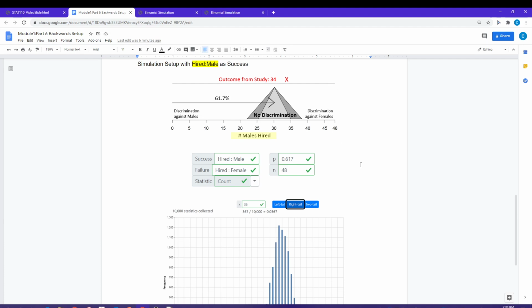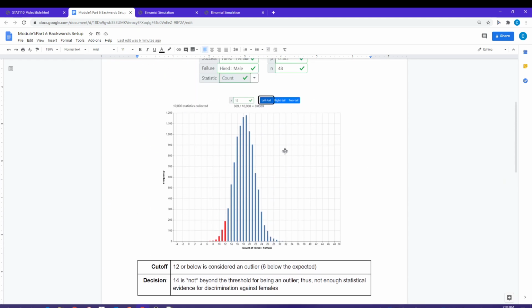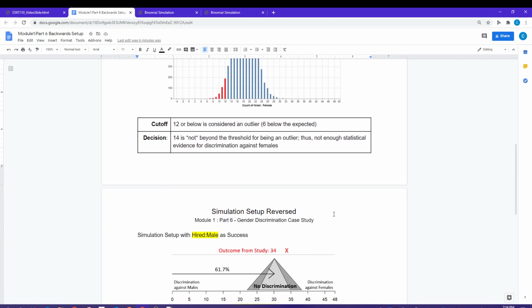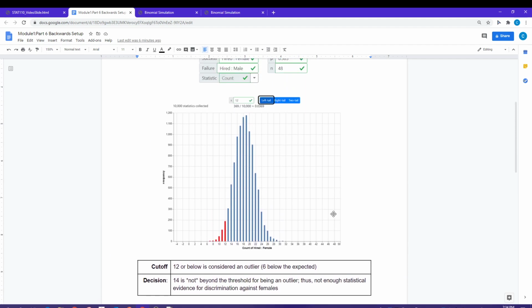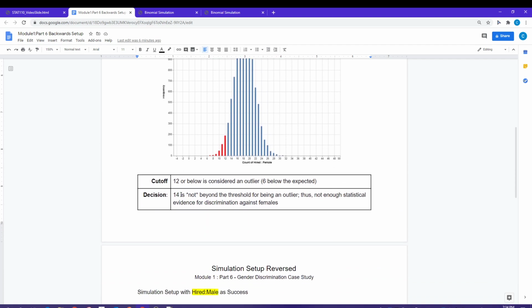Now it turns out you're going to get exactly the same answer if you do it with the number of females hired or with the number of males hired. So what we learned when we did the investigation with the number of females is that 12 was my threshold value. 12 is actually 6 below the expected. The expected here is 18, and 12 is 6 below that. And 14, again, doesn't quite meet that threshold.